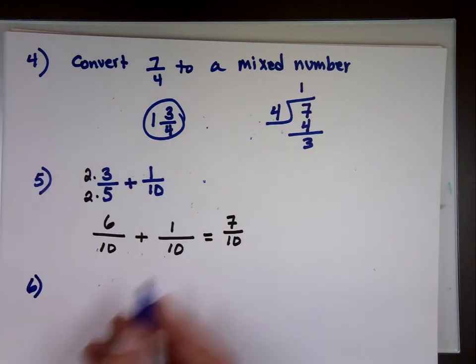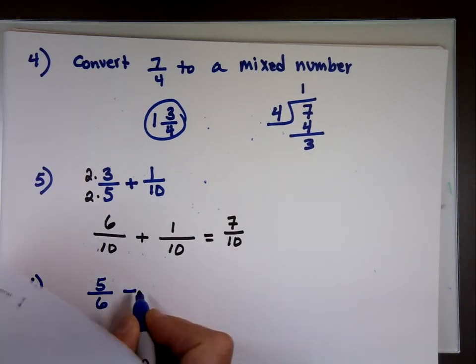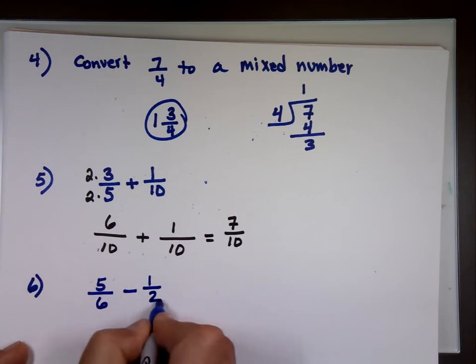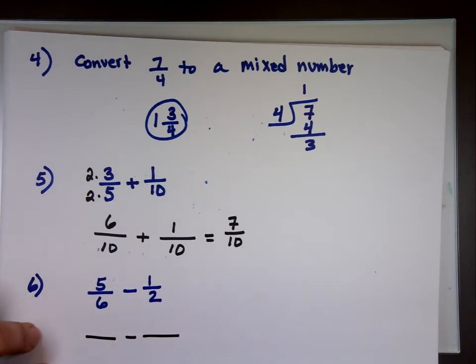Next one, subtract 5 over 6 minus 1/2. Again, we have to find the common denominator for 6 and 2. What do we have? Common denominator, 6. So the first one stays the same.